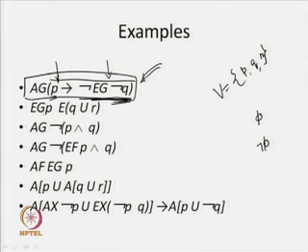Now, if we look at E G P followed directly by E Q until R, you will find that it is not directly connected, because after P we have E. In that case it is not a CTL formula, but we can very well make it a CTL formula by putting some binary connective or propositional connective.